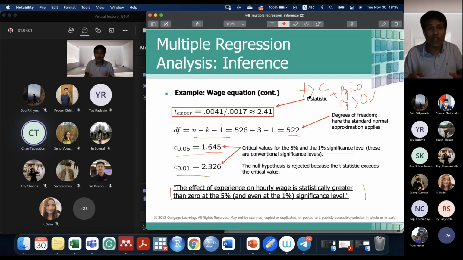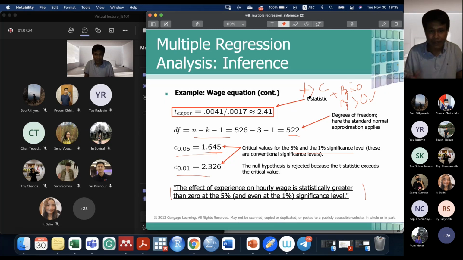You have a more concrete result. All right. If your T here is higher than the critical value at 5%, you can explore more to see if it's still significant at 1%. Why? You want to say that now we reject the null hypothesis at 5%, and it's even better if you reject the null hypothesis at 1%.